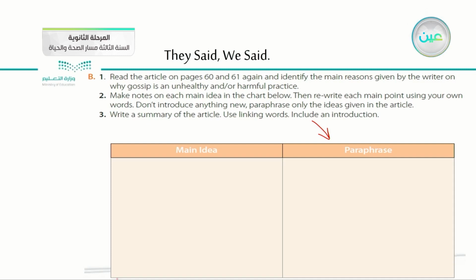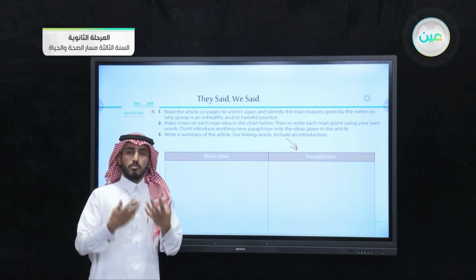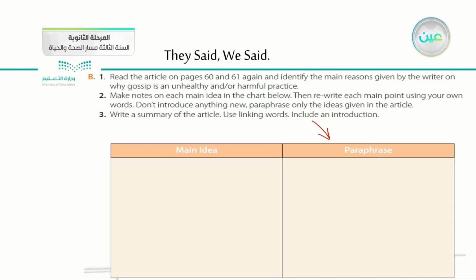And plagiarism is not allowed because it doesn't respect the intellectual property of the author. So what should we do in this case? We take the ideas and we represent them by using our own words. So we put the main ideas on the left side, then we paraphrase them. We rewrite these ideas by using our own words.